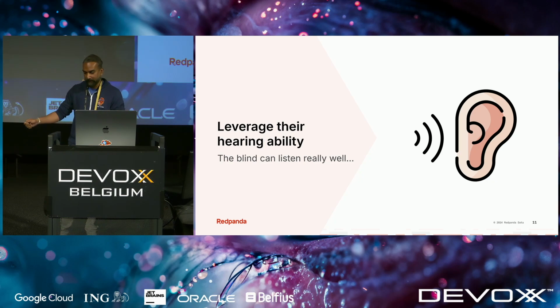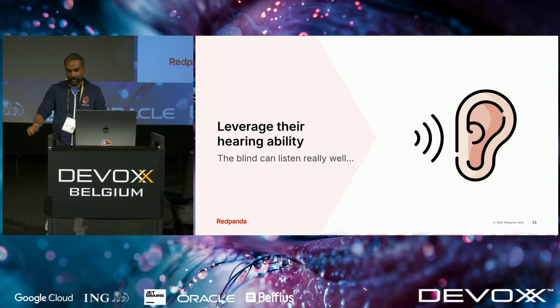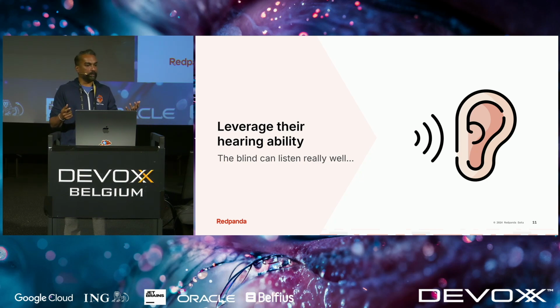What they do is they try to hit the ground and make a noise. Using that acoustic feedback, they try to gauge what kind of environment they are in. If the sound is not familiar to them, they avoid that dangerous area. So that's how they navigate. I know it's pretty primitive, but let's see how we can improve it.